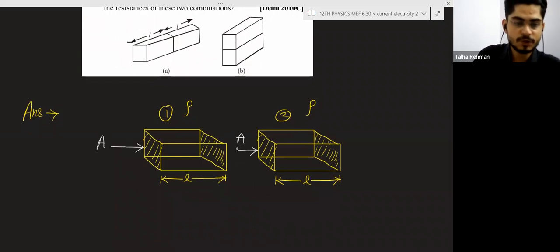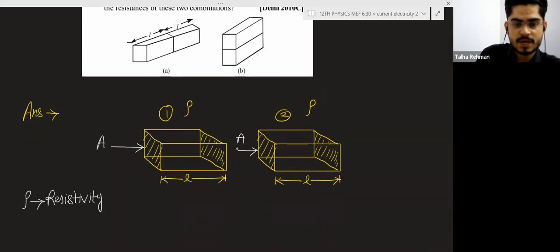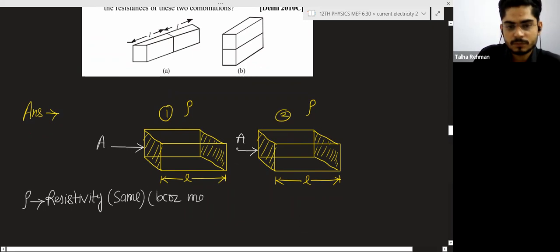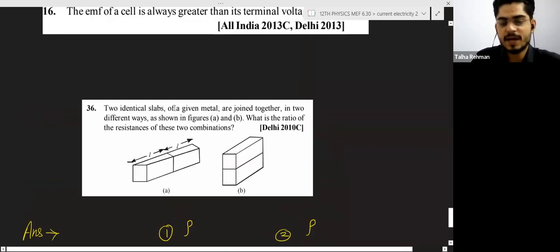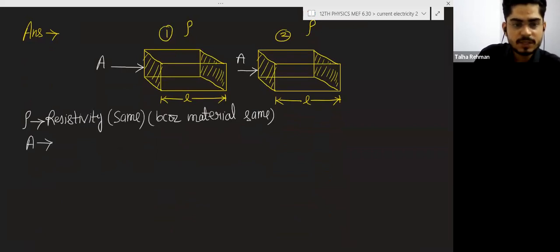And remember that rho is the resistivity, and resistivity is same because the material is same. Or this is written as identical. Identical means all things will be same. Area is same. Length is same.